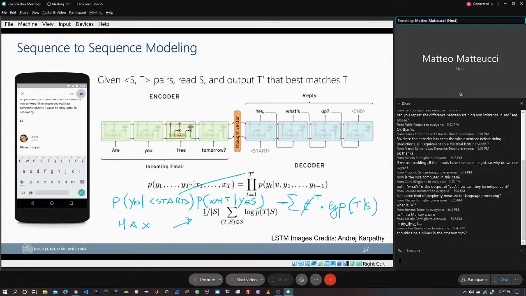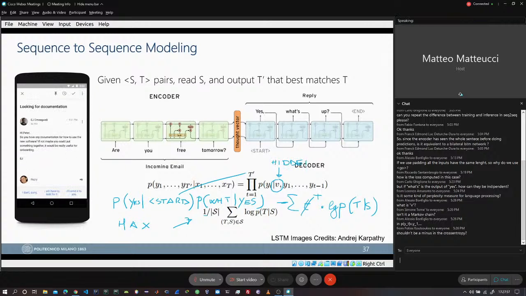What is V? V is the current hidden state. You're right, it's not written in the slide.